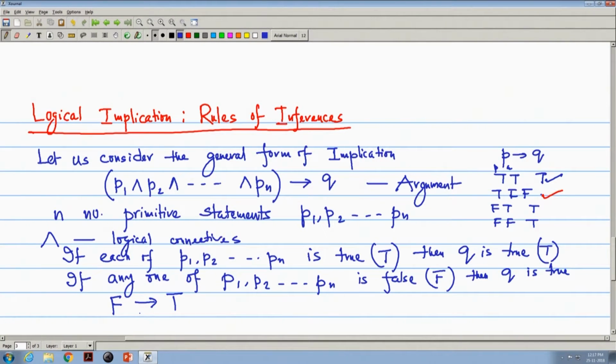So, we have to check the validity of the argument. That means we see under what conditions the argument is always true.